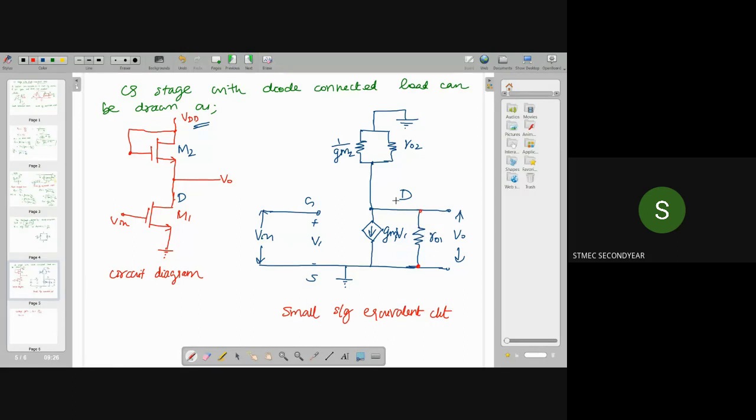You have R01, and between drain and ground you also have R02 and 1 by GM2. These are resistors in parallel combination.